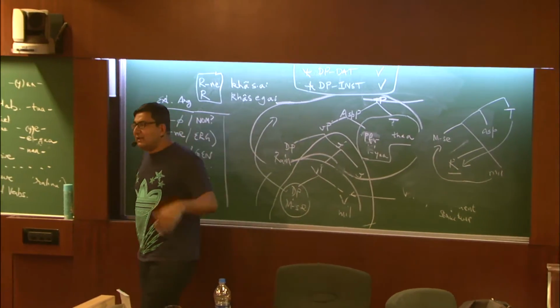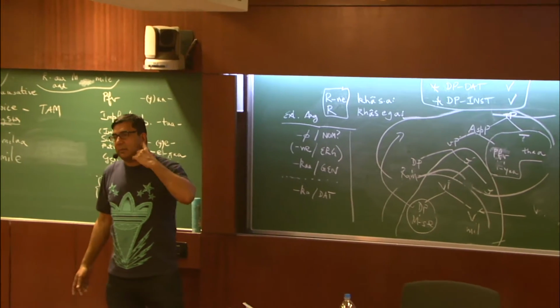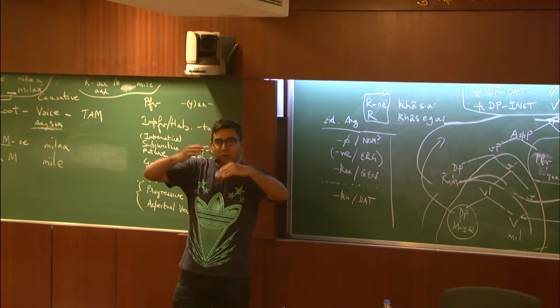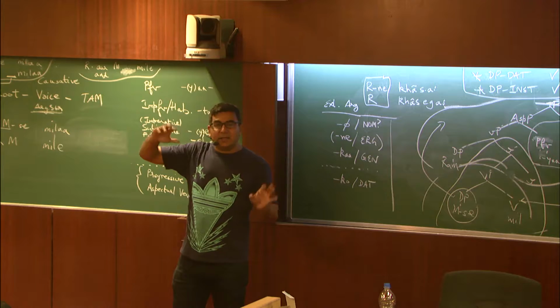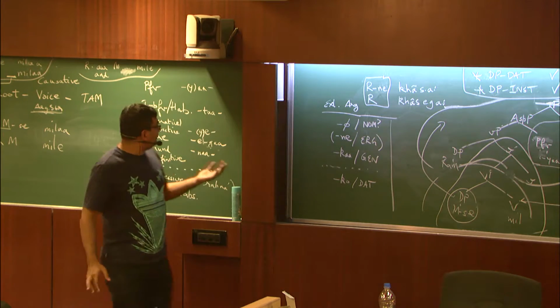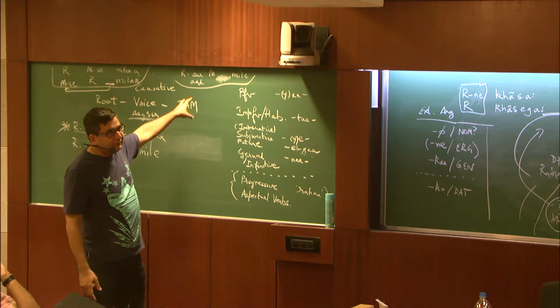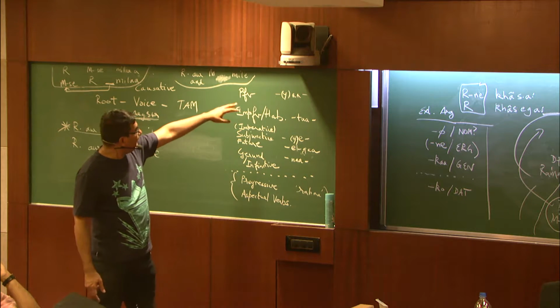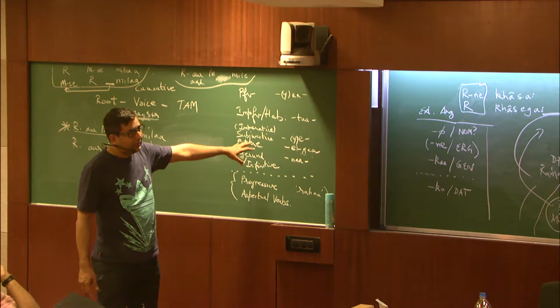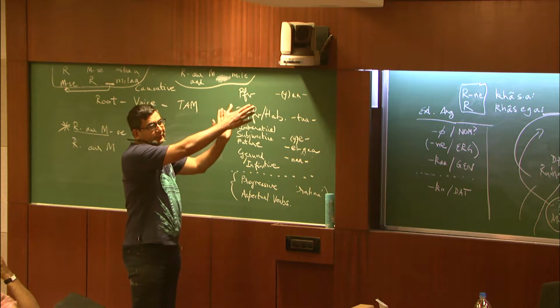Okay, and even within these domains, we have to think about the ordering of things. So now how many things have we looked at? We have looked at the causative morphology. We've looked at passive morphology, and then we've looked at these guys. Okay, so these guys are all higher, right?